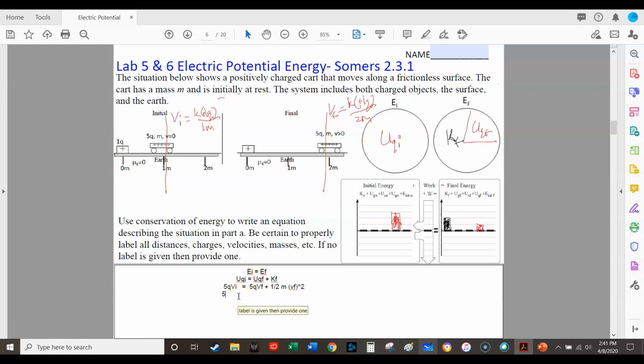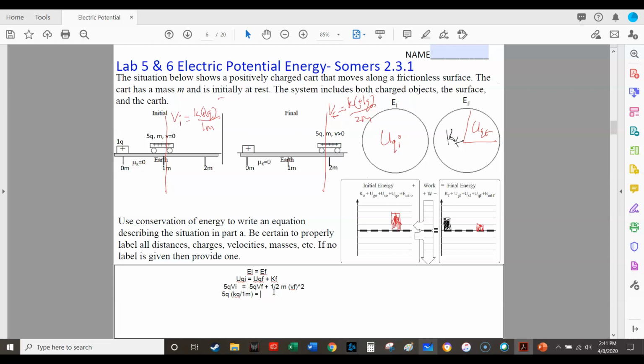So the 5Q hasn't changed, but now we have a voltage, which is going to be K times the 1Q charge. So that's going to be just KQ divided by 1 meter away. Okay. And so that's the initial voltage right here.